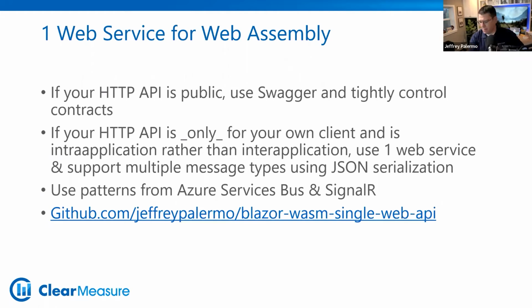Here's the problem statement. The default pattern for Blazor WebAssembly is that you have a page that needs some data, and so it calls a web service, and then you have a web API controller on the server, and it might get some data or do something interesting. Then you have another screen that needs some data, so it calls another web service, which is another web API controller, which does something.